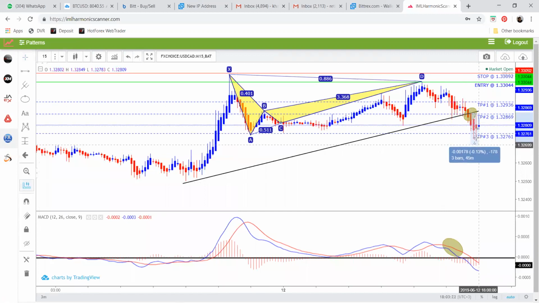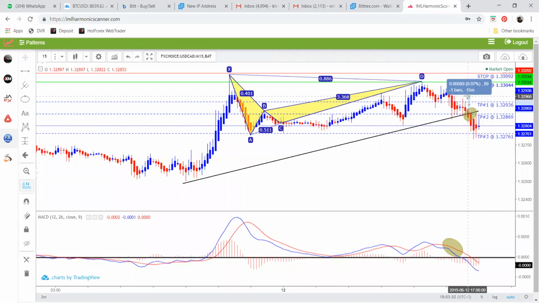Their stop loss would have been above the last high or 10 pips. Above the last high was right here, about 8 pips, but 10 pips, that's fine. You got a one-to-one trade. Simple stuff, guys. Very simple stuff.